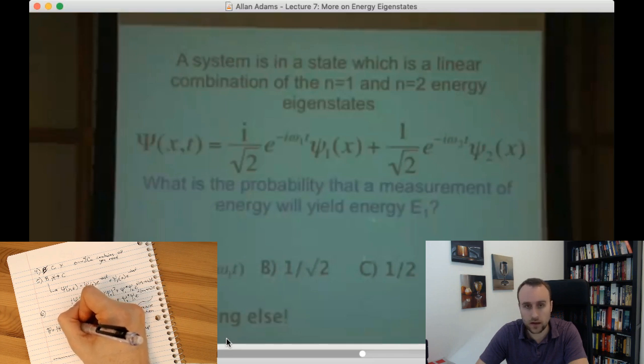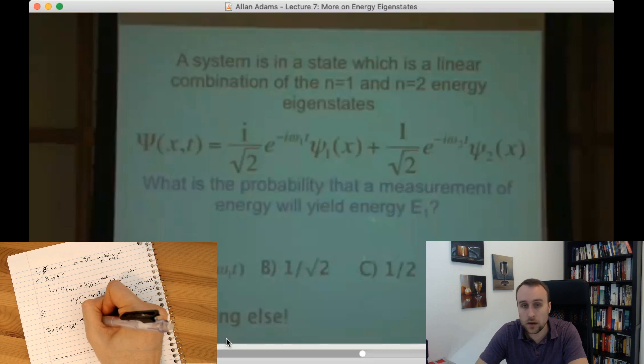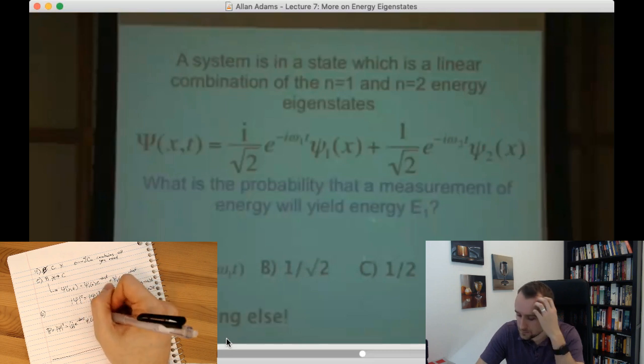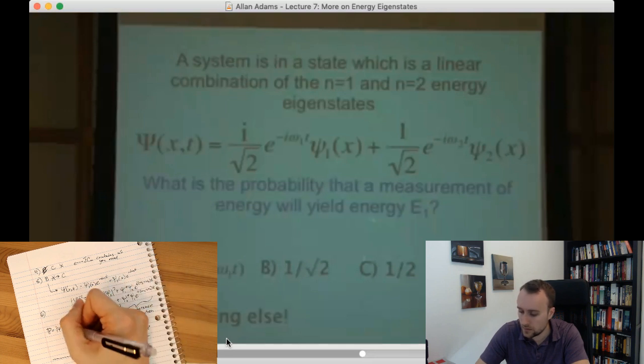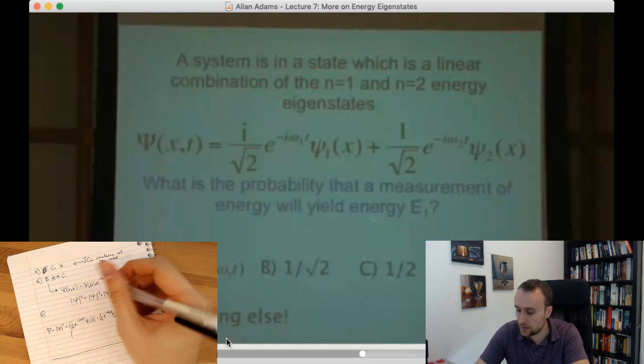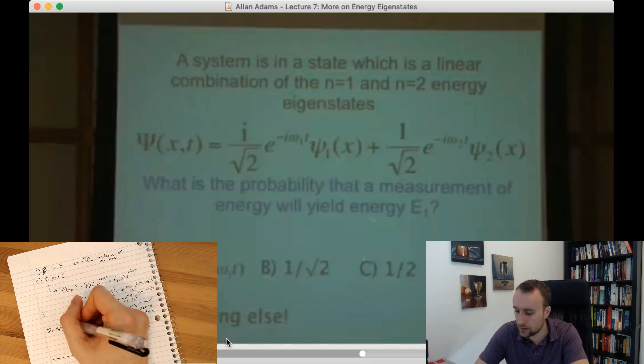So this is i over 2 e to the negative i omega 1 t psi 1 of x plus 1/2 e to the negative i omega 2 t psi 2 of x, and then we're going to multiply these together, but we're going to have to multiply this one by i first.